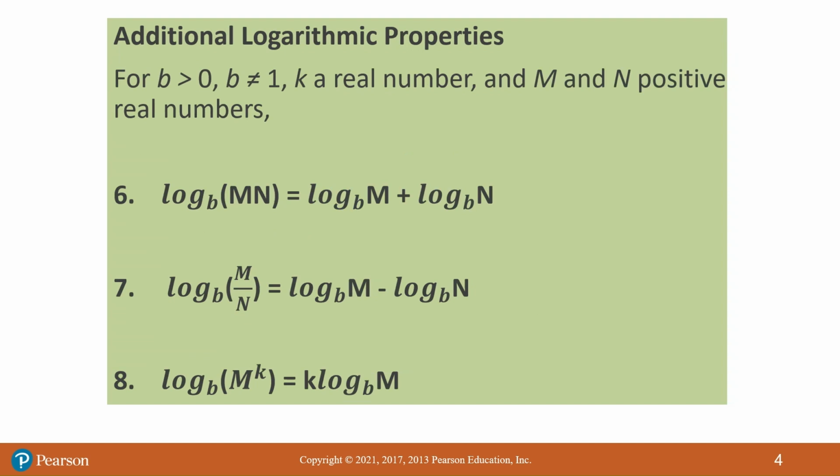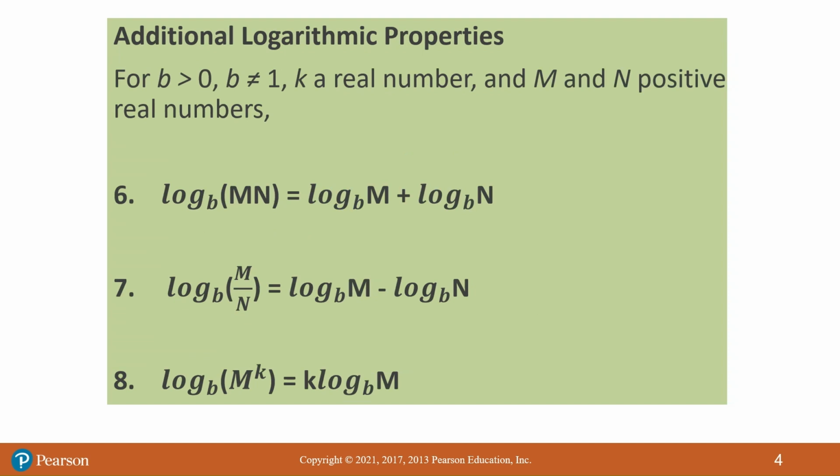A few additional properties here for b greater than 0, b not equal to 1, k a real number, and m and n positive real numbers. If we have the log base b of m times n, we can break that up into the log base b of m plus the log base b of n. So multiplication we can break up into addition.